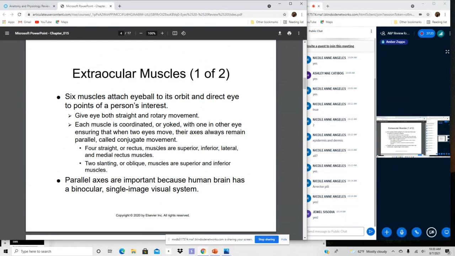The 4 straight or rectus muscles are superior, inferior, lateral, and medial rectus muscles, and the 2 slanting or oblique muscles are superior and inferior muscles.